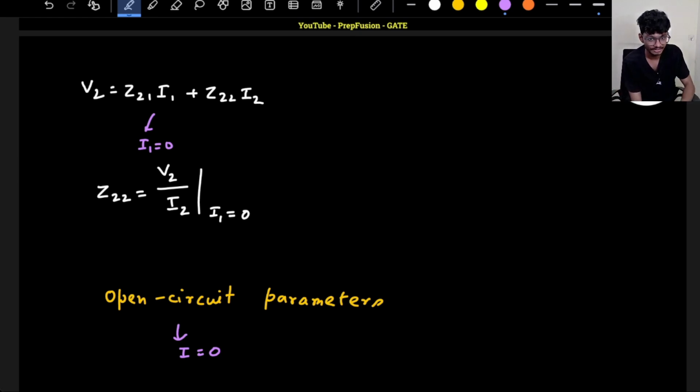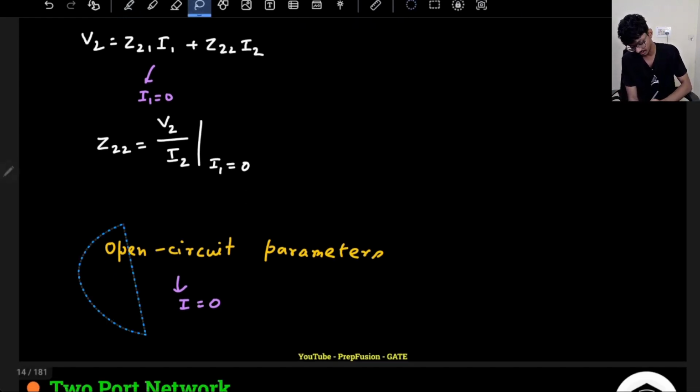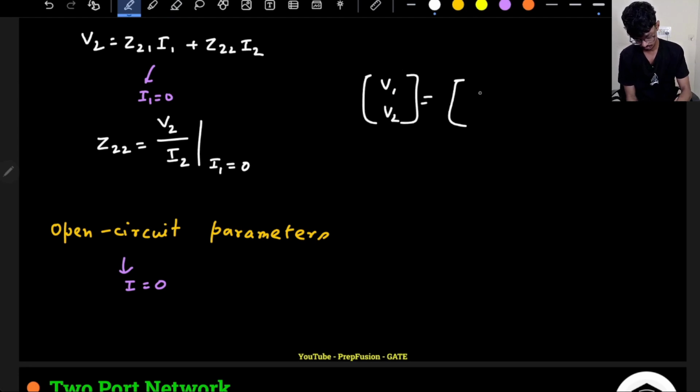So what is the matrix format? We have already discussed it. If we have found the equations, they can be written in matrix format: V1, V2 equals the matrix Z11, Z12, Z21, Z22, multiplied by the currents I1, I2.